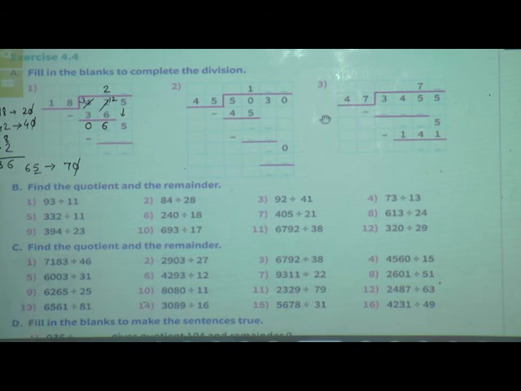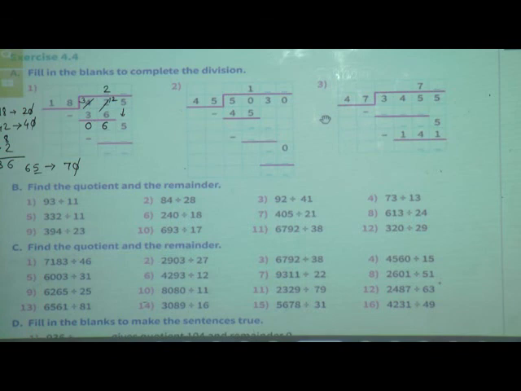So it will be 3 times, isn't it? So we will try with 3. 8 threes are 24 and 3 ones are 3. 3 plus 2, 5, isn't it? But 65 is there. So I'll try another quotient, 4, after 3, to confirm.